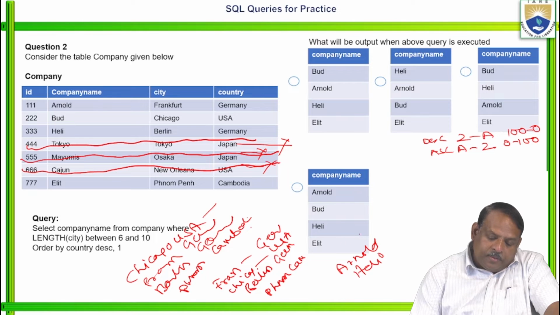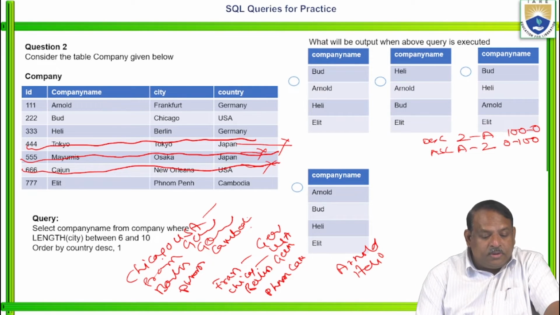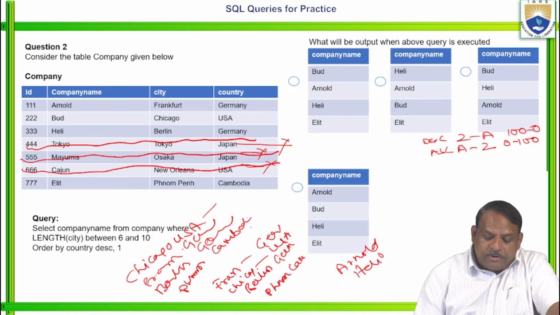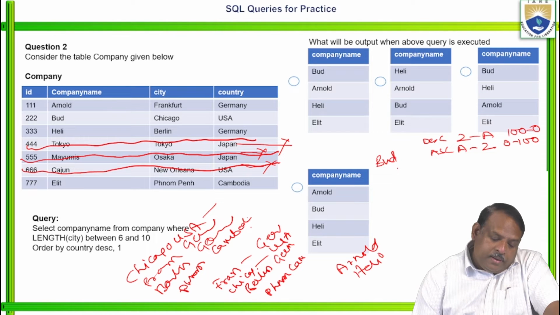Now what is Chicago's company name? Chicago is Bud. So first we will write Bud. Then second is Germany, Frankfurt.